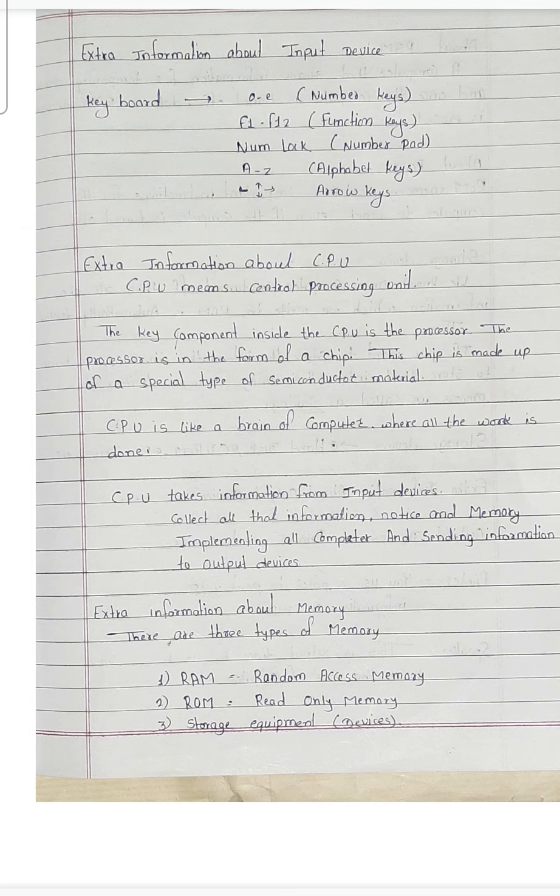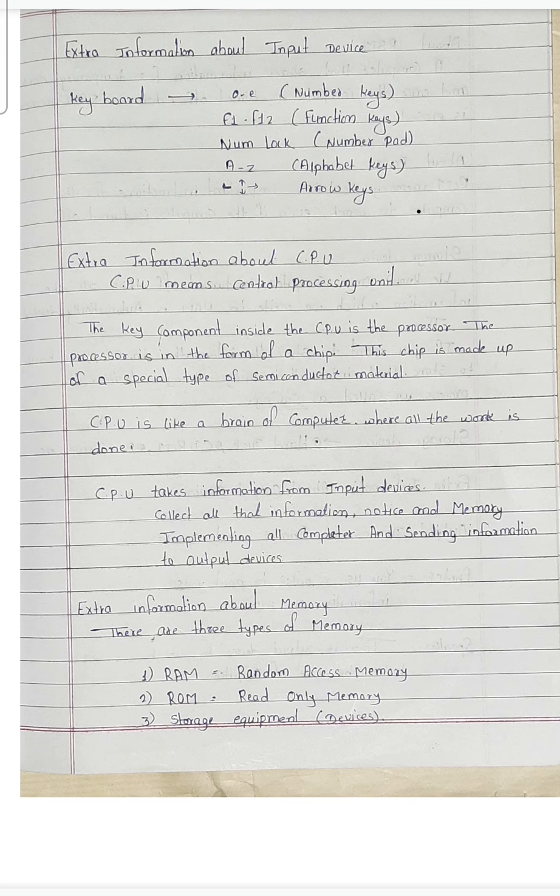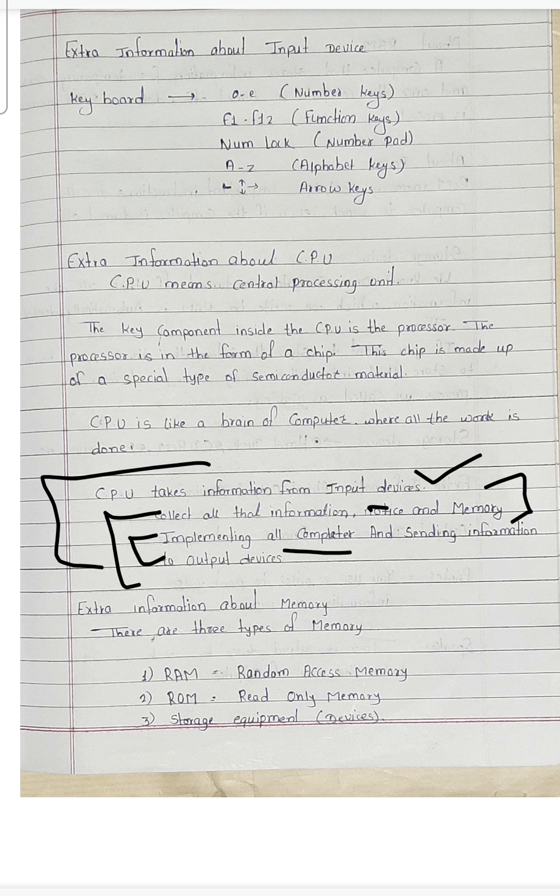So what is the next line? The CPU takes information from input devices, processes that information, and finally sends information toward the output devices.